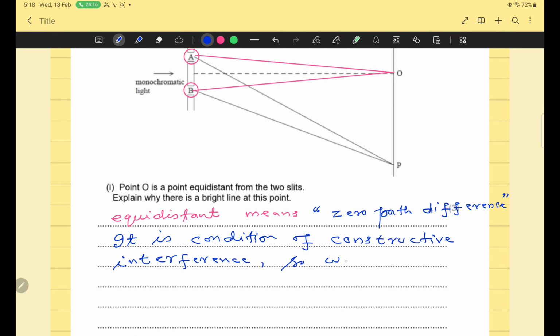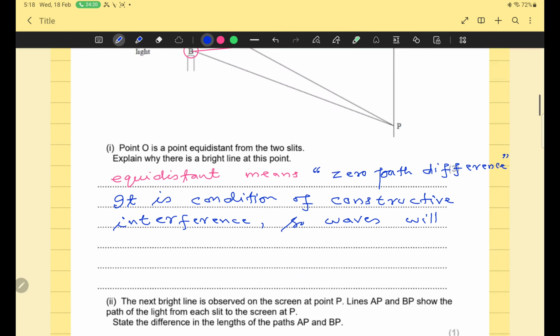So the waves will superpose on each other in phase. The key word is in phase.